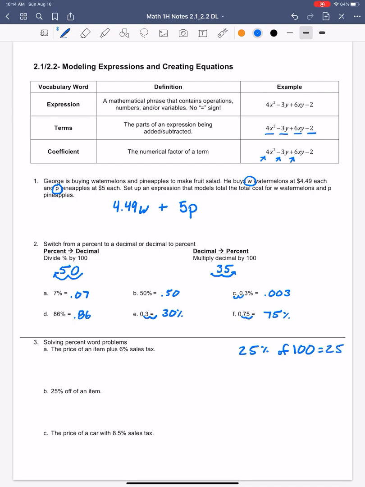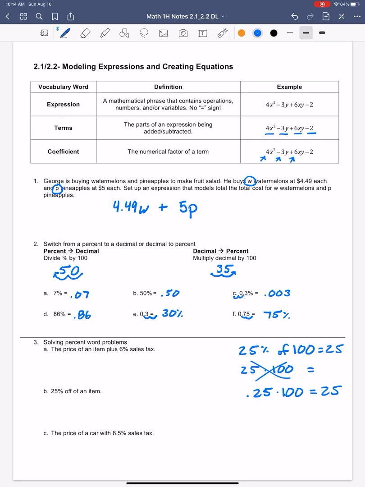Right, 25% of 100. When I'm trying to figure that out mathematically, I can't just do 25 times 100 to get this answer, right? That won't work. What I actually have to do is 0.25 times 100, and that would give me the 25 that I'm looking for.